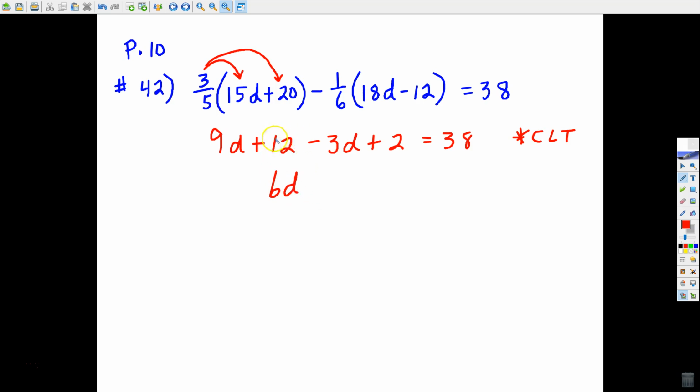And I got a couple of constants. 12 plus 2 is 14. And that equals 38. I'm going to subtract 14 from both sides. 6d is equal to 24. And therefore, I can either think of division by 6 or multiplication by 1/6. Either way, I get my final solution for d, which is 4.